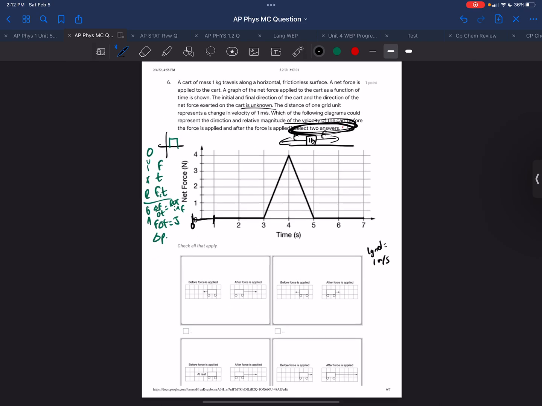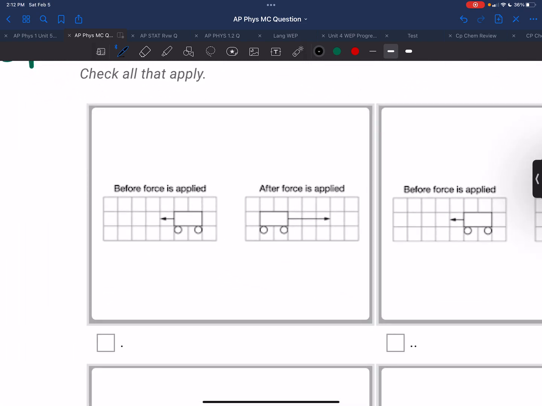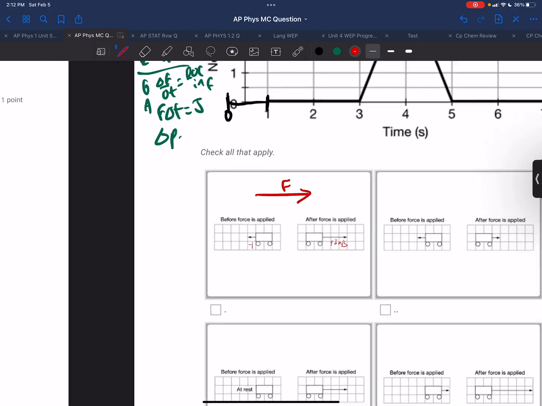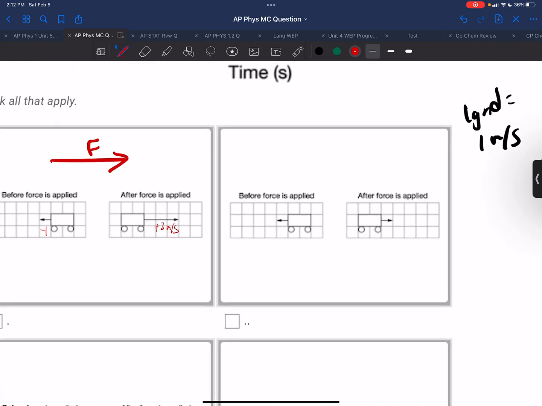So let's look at the scenarios they've given us. In this first scenario, if this is before and this is afterward, then the force must have been applied in that direction. The velocity began with -1 and ended up with +3. The question we might first ask is if a force in that direction would cause this, and it would. In this scenario, beforehand and after, we have a force being applied again in the same direction.